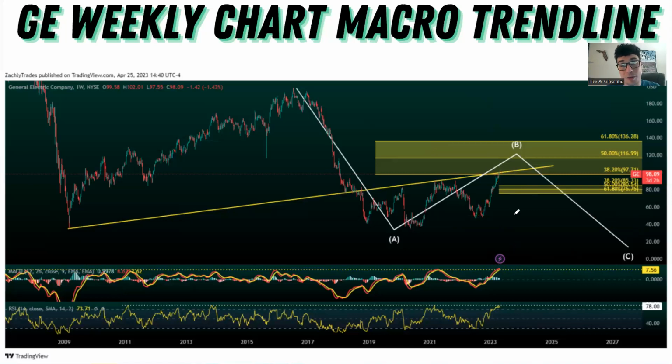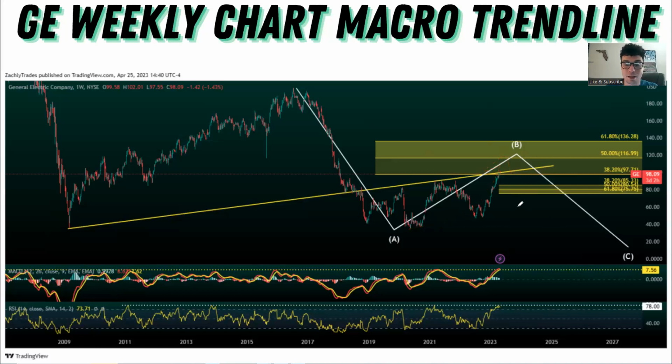Now, the bear market could be over. There is a possibility that we could be starting a new bull market trend, but for now we haven't really got confirmation of that in the broader market in the S&P 500. So we really have just seen a tremendous move up in this stock.